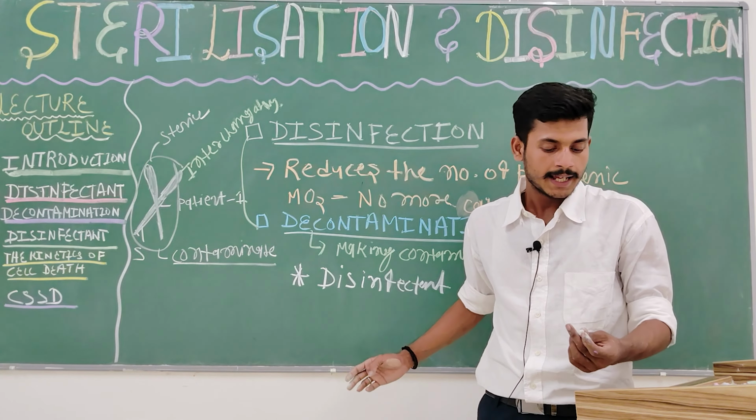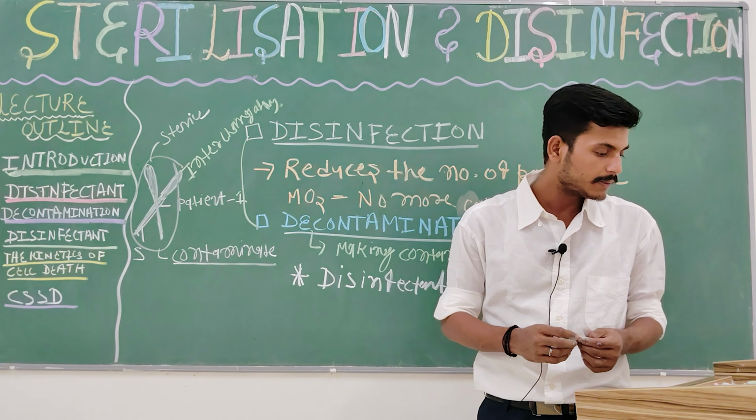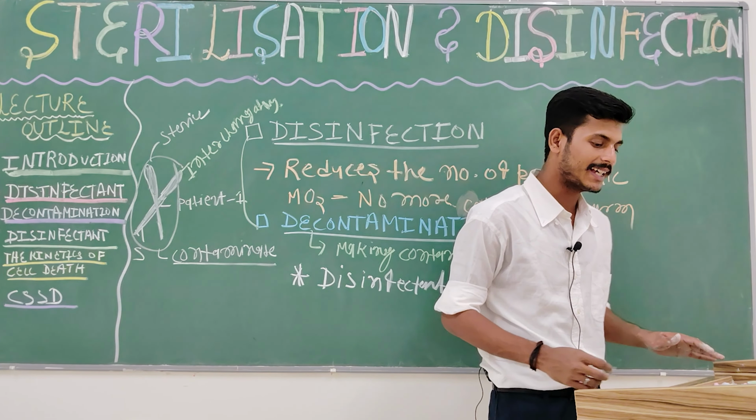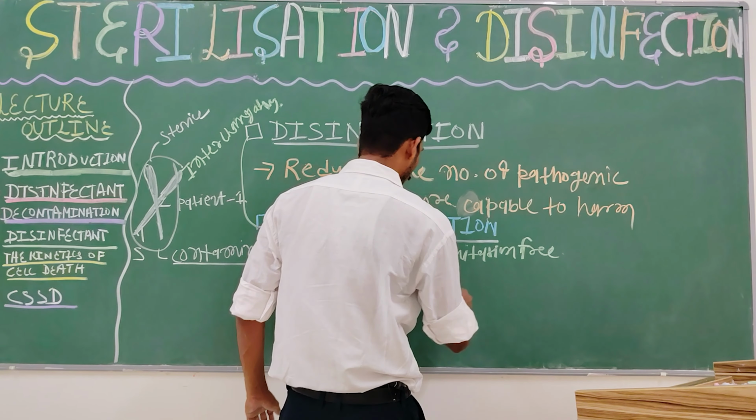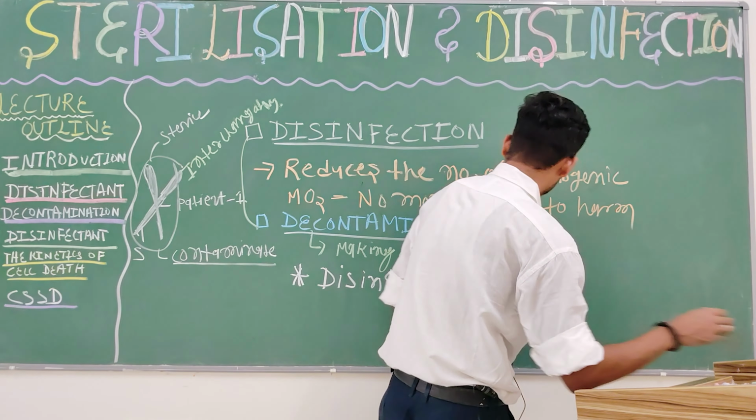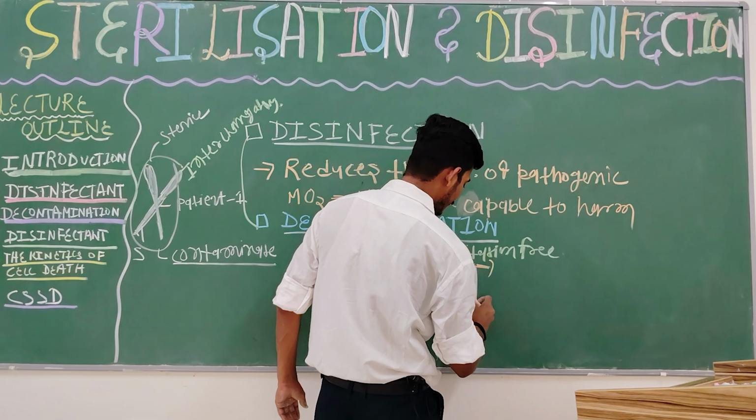Got the point? And most of the usable chemical agents, the first one is alcohol. You should write it down. These are important.